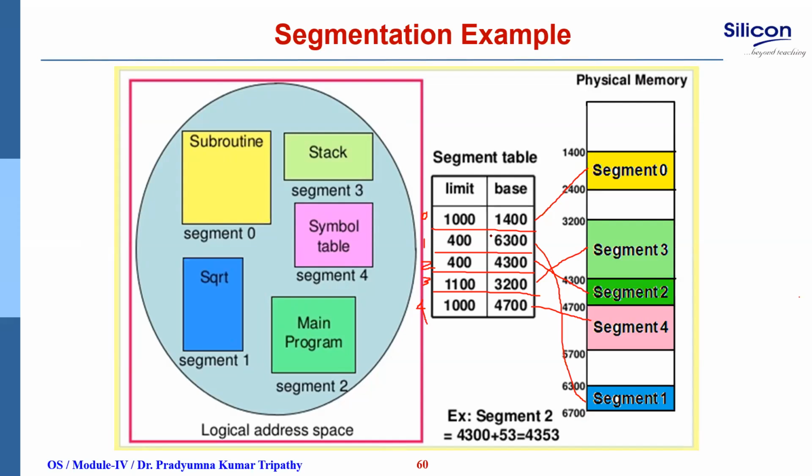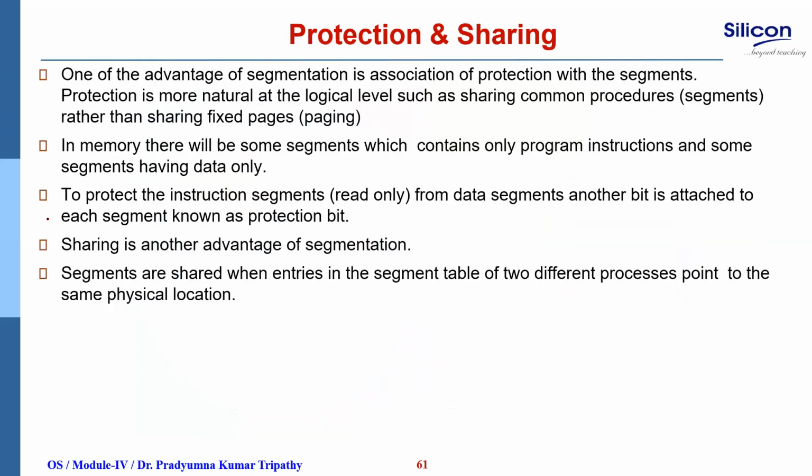Is it valid or invalid? For segment 2, I am saying. Invalid, because its maximum range is 400. It cannot exceed 400. So if it generates 200, then 200 is valid. It will be added with 4300 to get the physical address. So computation is done in that way.